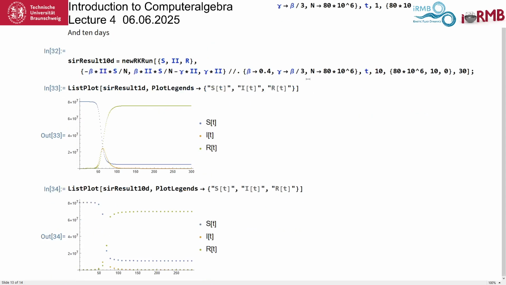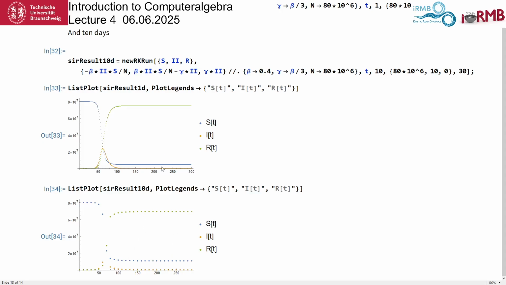So then we can also run this for 10 days, and here we get slightly different solutions. You see we get it in points. I left it with points so that you see how many points. So each day is 1 point. So it will behave like this, and here we have the one for 10 days, and you see this is a very simple differential equation which comes with a relatively stable solution.